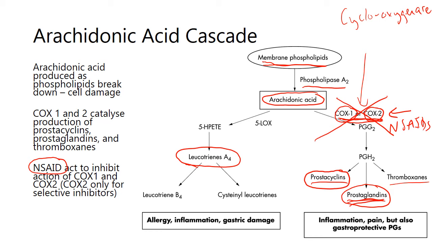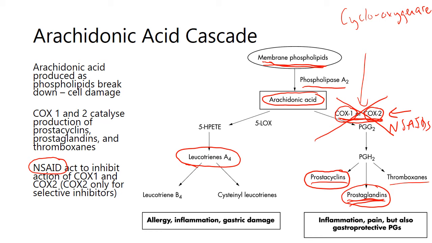So just to recap this, because I know this is probably new and hopefully it makes sense the first time round, but just to go back over it briefly: we start with our phospholipid bilayer that is damaged due to noxious stimuli.